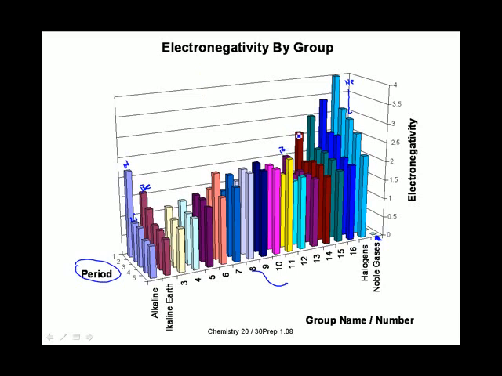So here's boron, carbon, nitrogen, oxygen, fluorine, which has the highest electronegativity, and then the noble gases, again, you can't see their electronegativities because they're 0, so neon would be right up here underneath the hydrogen before the fluorine. And what you should notice is that as you go across each period, electronegativities increase.